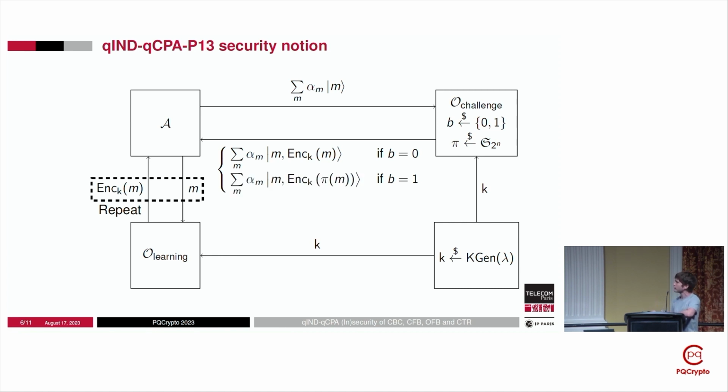If you're familiar with the qIND-cPA security notion, this is just the real or random variant of it, except that, of course, the oracle is quantum, and you are allowed a single query. A is not able to learn something with this query. At the end of their challenge query, they have to say whether B is equal to 0 or B is equal to 1.